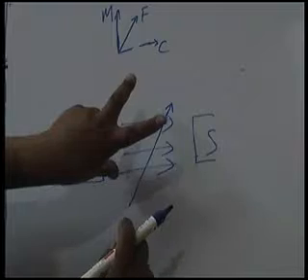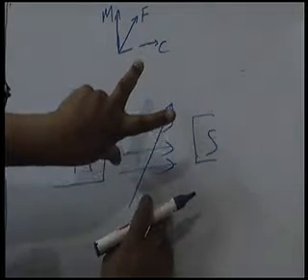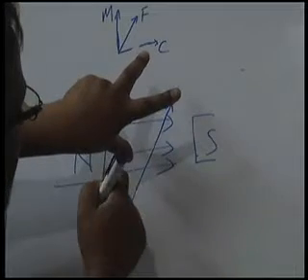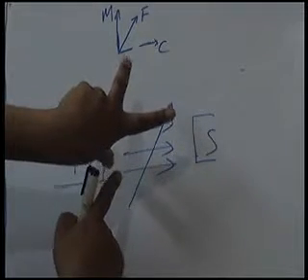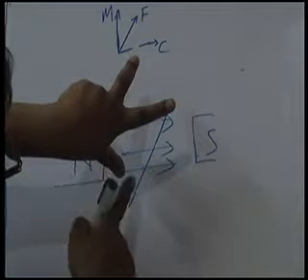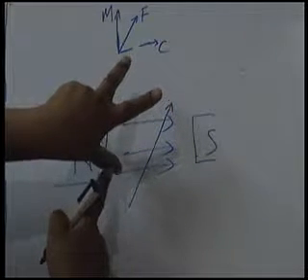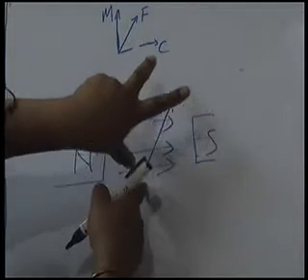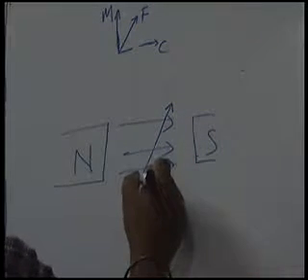So the motion will be in this direction, this thumb is the motion. The thumb is pointing into the board, so the motion is pointing into the board.